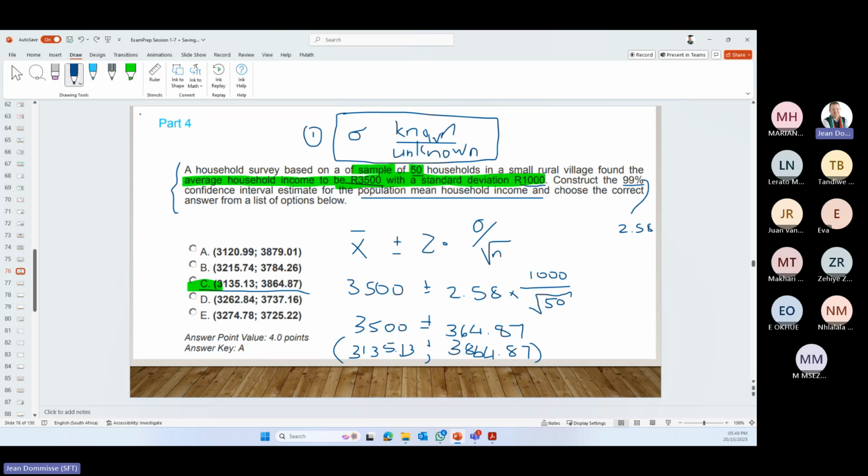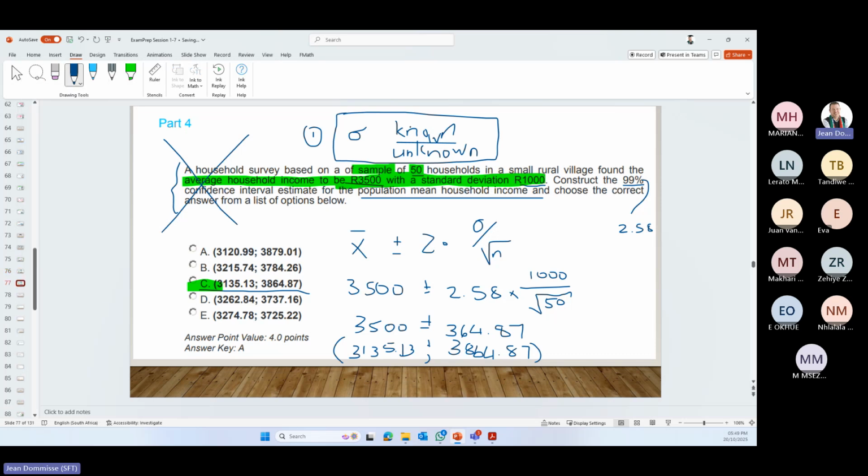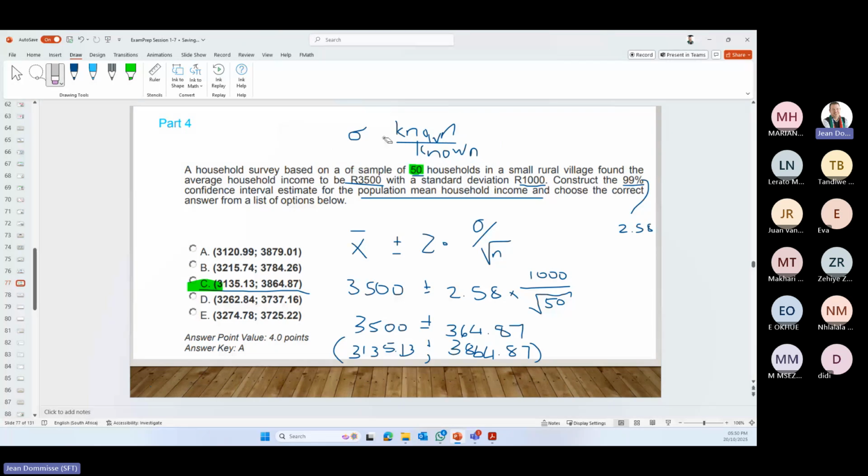I'm going to make a cross through it, but let's duplicate it so that you can in any case also work with it. Let's now go through it again.